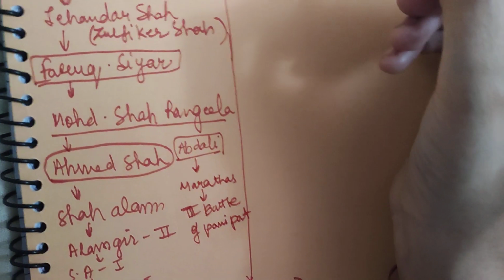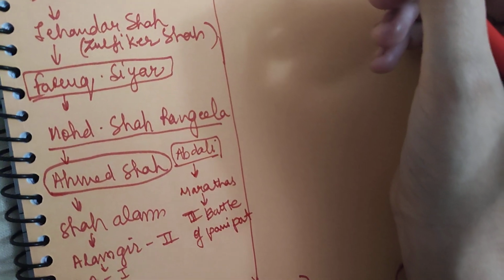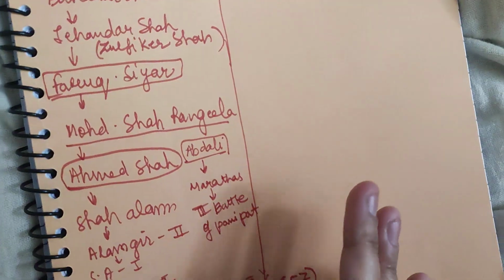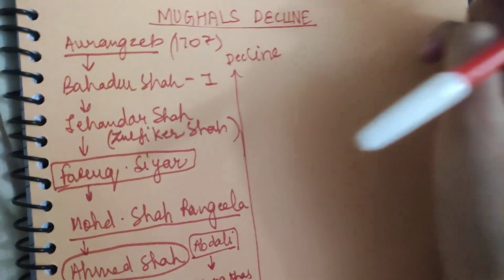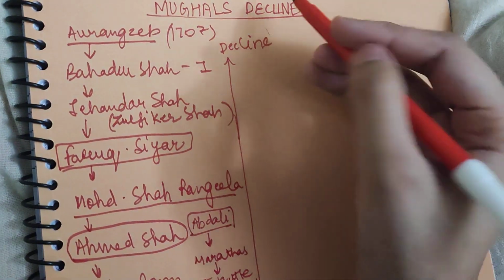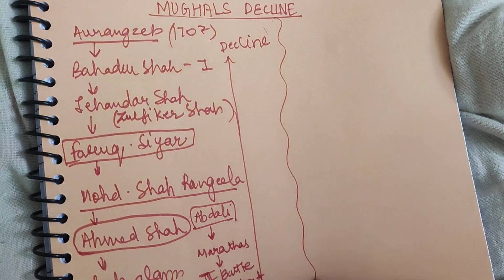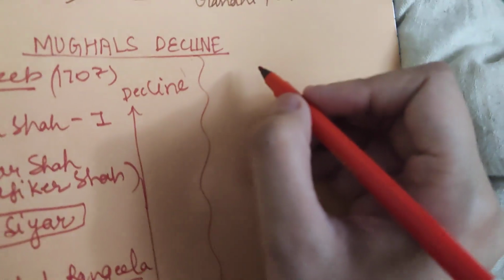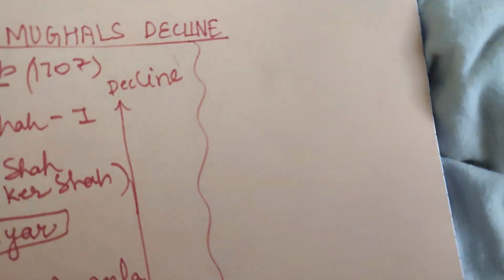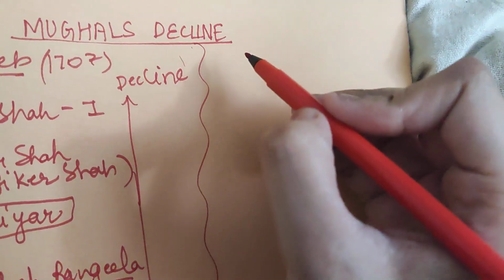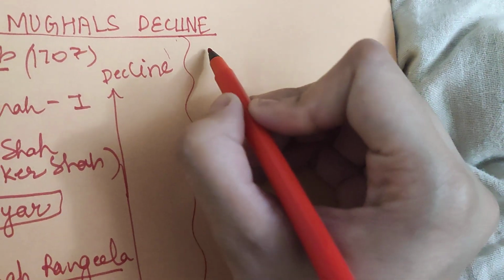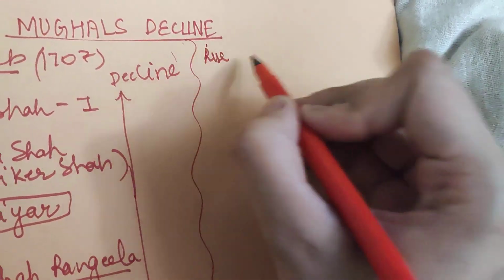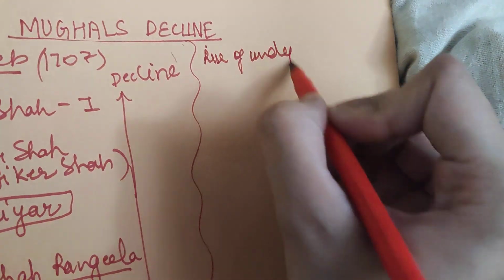After this whole decline story that I have just narrated, there was also another thing happening simultaneously, that was the establishment of independent states. So the rise of independent states was also happening.